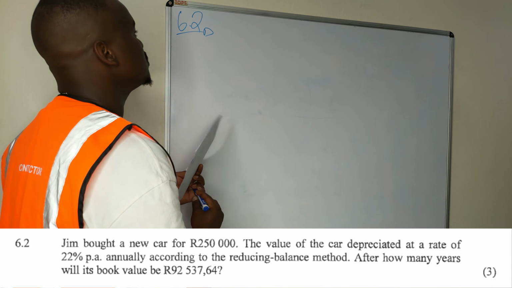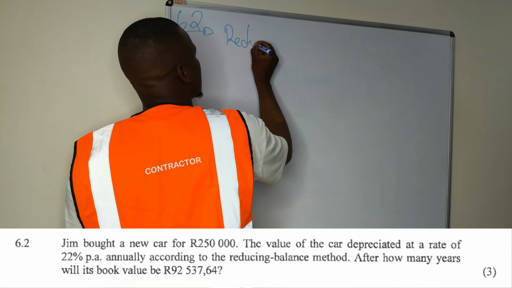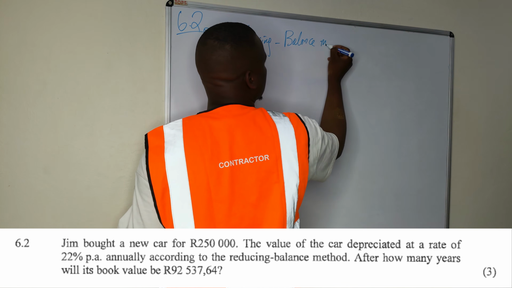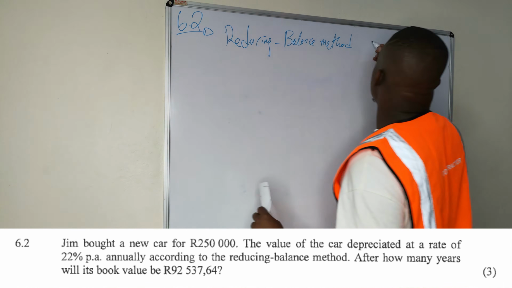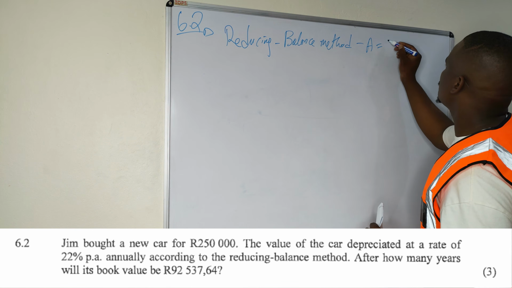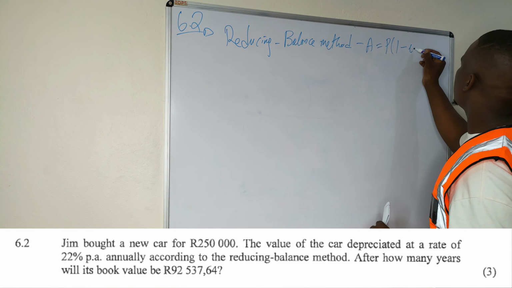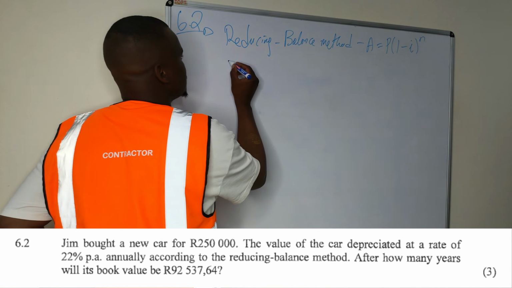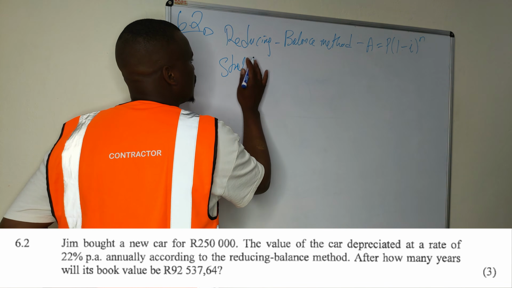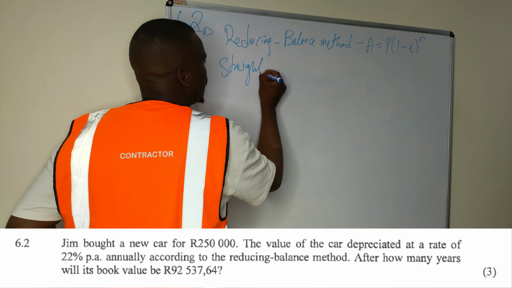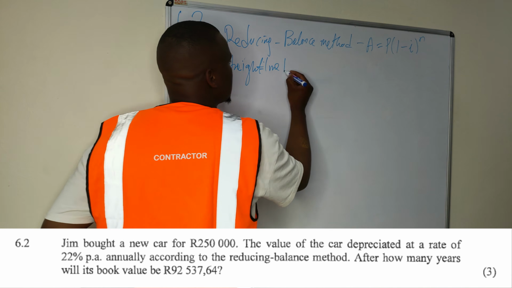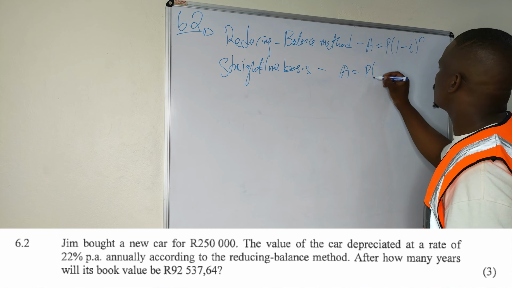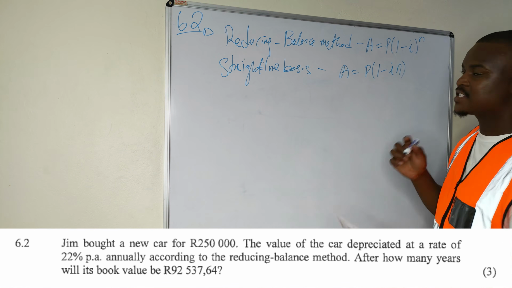The reducing balance method has this formula: A is equal to P times (1 minus i) raised to n. And the straight line basis is A is equal to P times (1 minus i n).